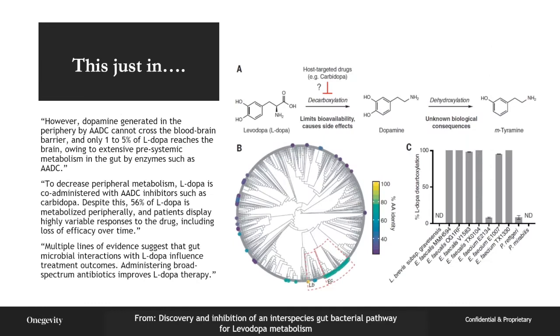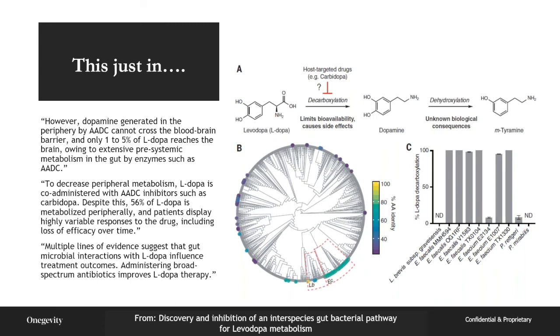Another thing we consider is something like this study, which was just published this June. This study looks at Parkinson's and the drug levodopa that's given to treat Parkinson's. It's been known for some time that different patients respond variably to the drug. And so these particular researchers found, and I'm going to skip a lot of complex information in regards to enzymes and so forth, that two different species, and again, I come back to this species versus genus conversation, we're able to drill down to the species level effectively.